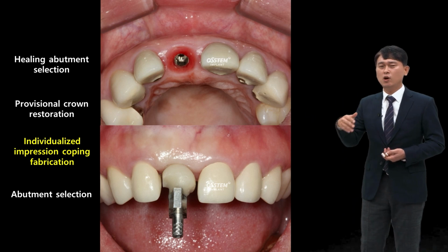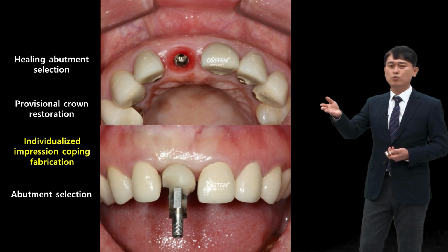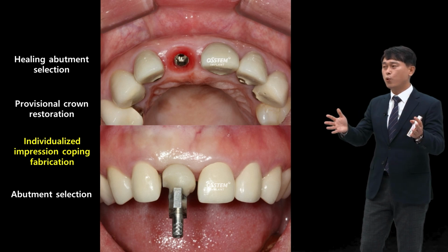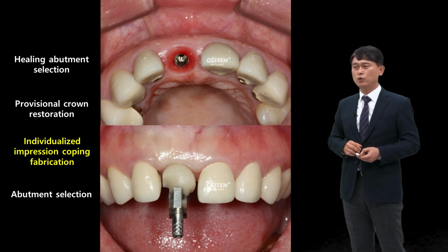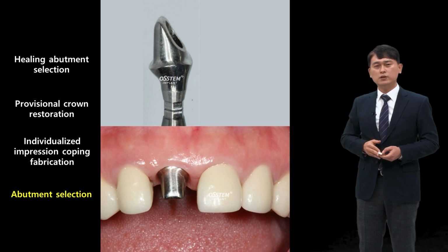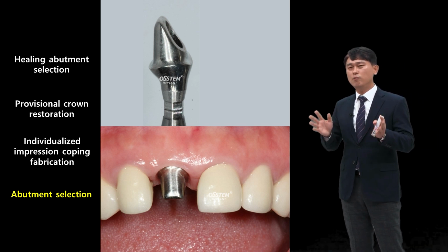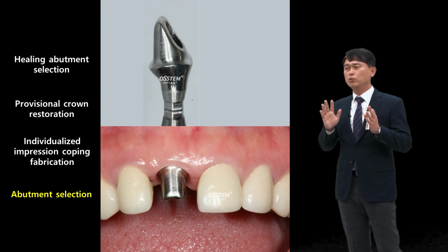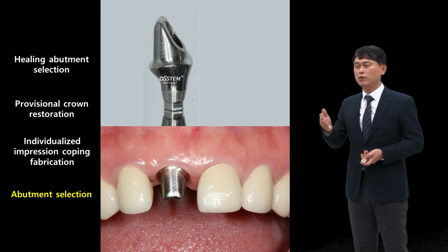If you do not have the scanner, the existing temporary crown can be used, and you could replicate the emergence profile when you take the impression. I will talk about that later. And you need to select an abutment according to the impression. And then you will be able to fabricate an ideal custom abutment with the S-curve, biologic width, and stably healed soft tissue.